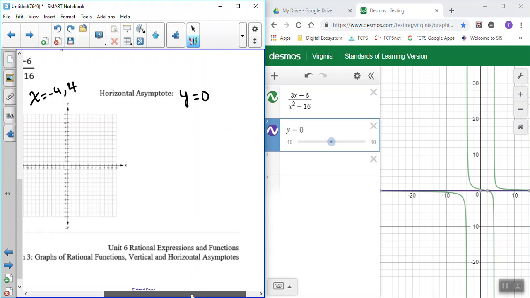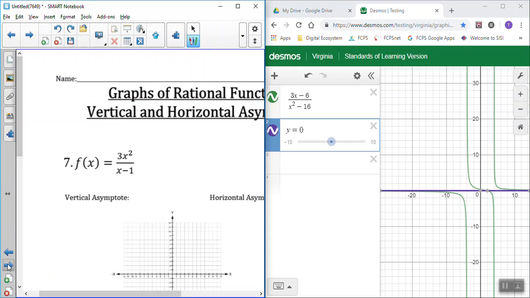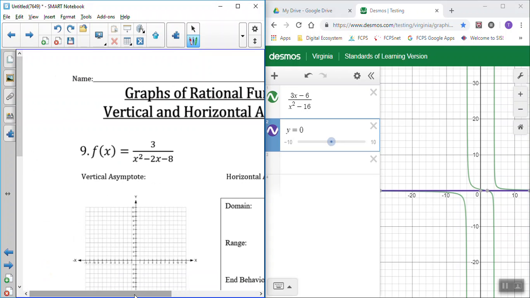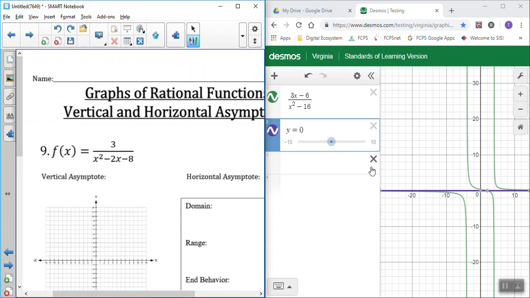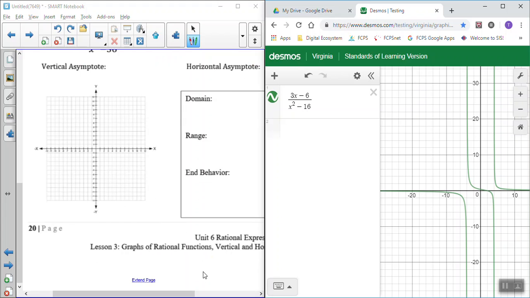And that does bring me to the next concept, which is end behavior. For rational functions, just know that end behavior is going to be the same thing as your horizontal asymptote. Okay, so for example number 9, if you can turn to that page, it's on page 20.